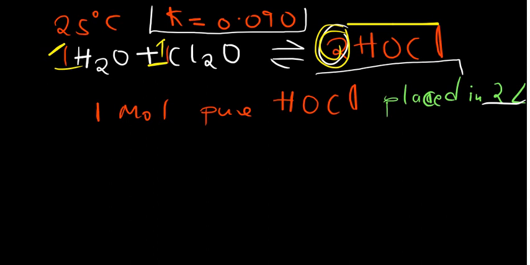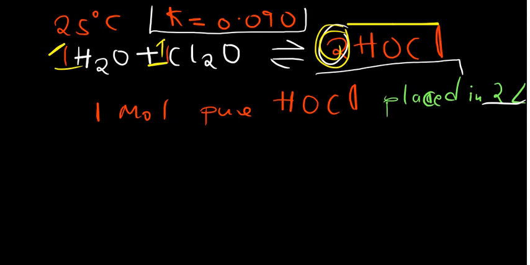Either you can say 1 over K, or you write the equation as it is, exchange the sides, and maintain the right-hand side as it's supposed to be.